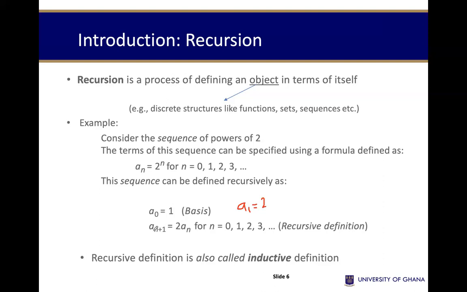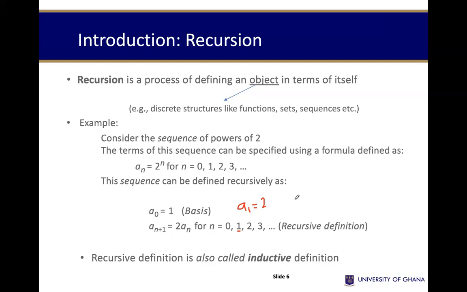The next one I have to do is increment the n by 1 again. I started with n is 0. The next one I need to go is n is 1. If n is 1, I'm going to have A of 1 plus 1, which is going to give me A of 2.